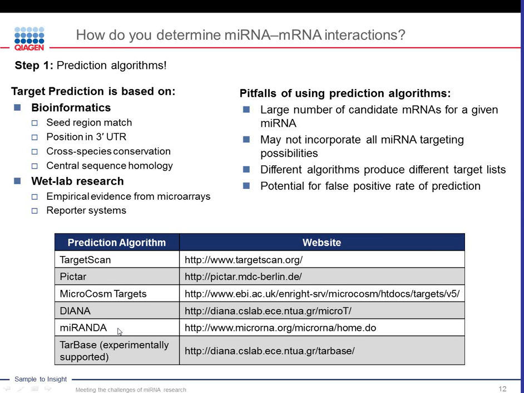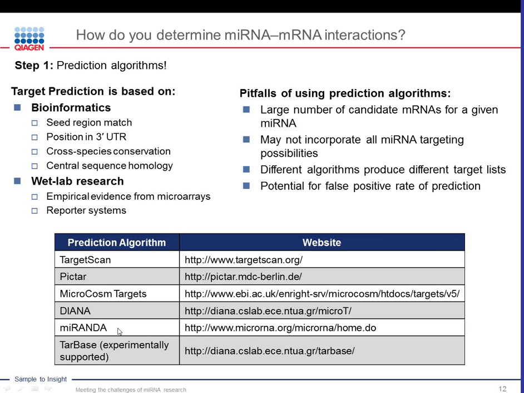Now, there are some pitfalls of using prediction algorithms, but that sort of goes without saying when anything that has prediction is discussed. So you have a large number of candidate mRNAs for a given microRNA, and you may not incorporate all microRNA targeting possibilities. As you can guess, different algorithms produce different target lists, and you also have the potential for the false positive rate of prediction. Now, don't let these scare you away.